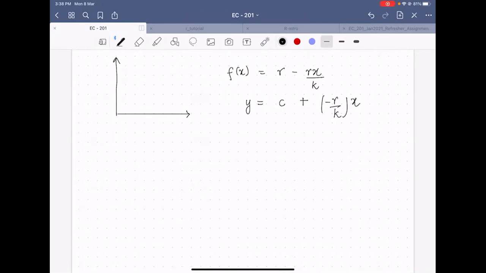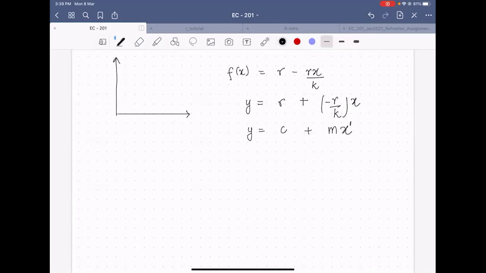And we know, I think Shoaib must have covered this in the last tutorial, that this looks like the function of a straight line. So this is our c, this is our m times x. Whenever you see that the power of x is 1, you're sure that this is a function of a straight line.